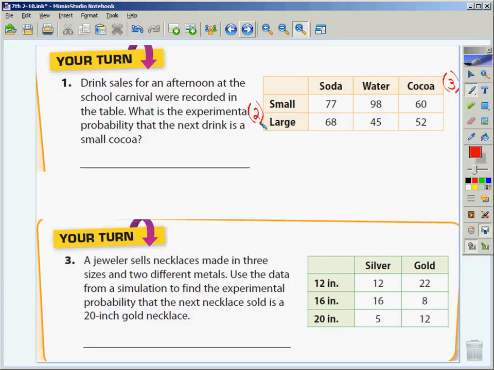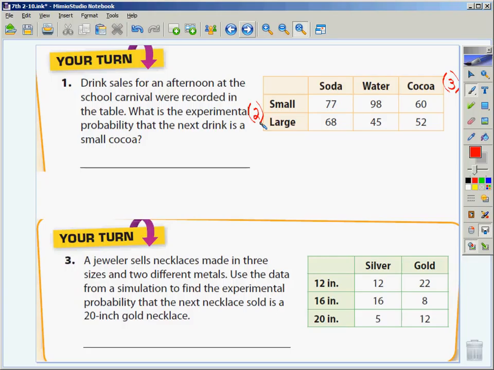How many possible outcomes are there? 6 possible outcomes. From a theoretical standpoint, I should have as many people with a small soda as I do with a large cocoa, if I was looking at it that way.